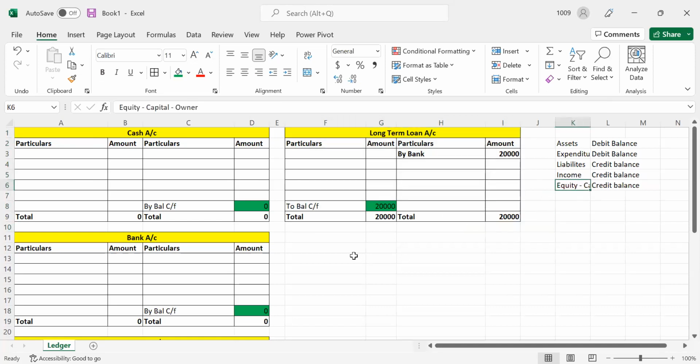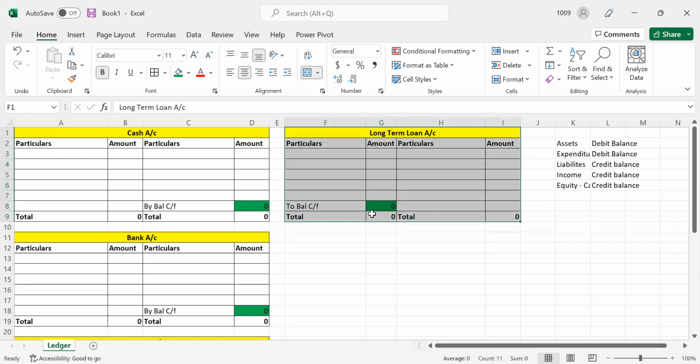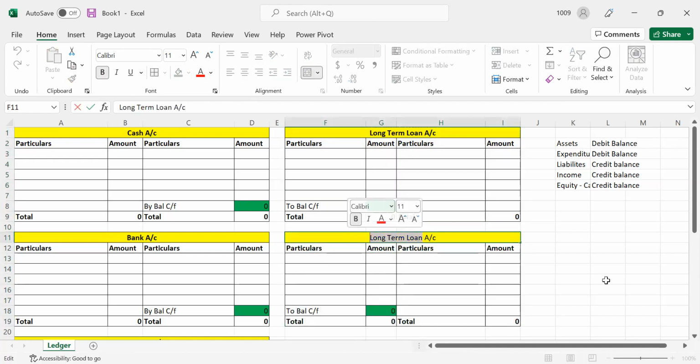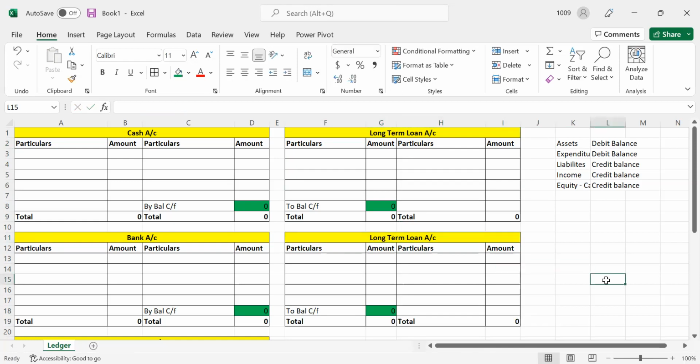Income, if we have, for example, revenue, what will you do? First of all, delete all these figures, but not the formula. You are not going to delete this formula. I'm just going to copy and paste once again, and here I'm going to write income, let's say revenue.